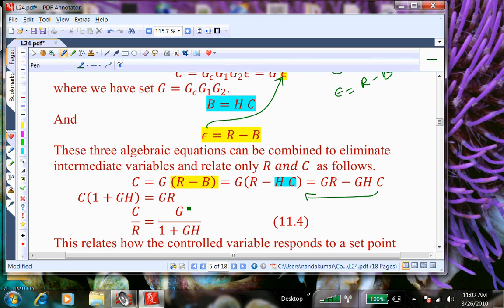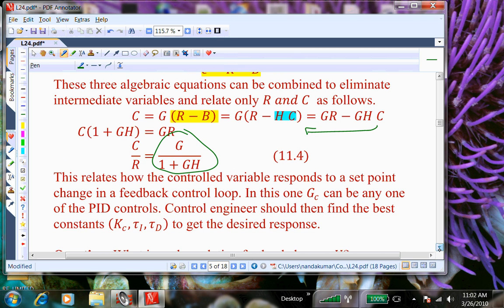So C divided by R is equal to G divided by 1 plus GH. The algebraic process leads you to this rule, but the rule is easy to remember: everything in the forward open loop divided by 1 plus everything in the loop.